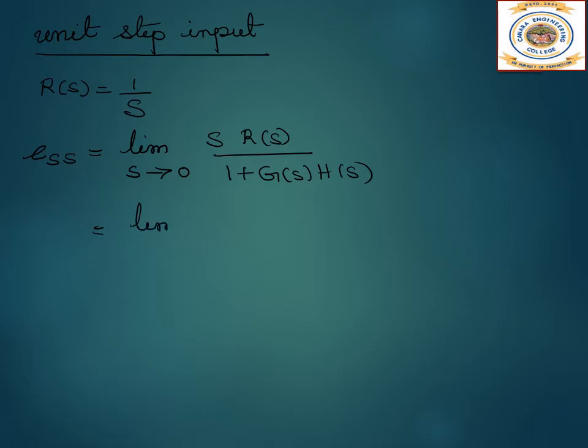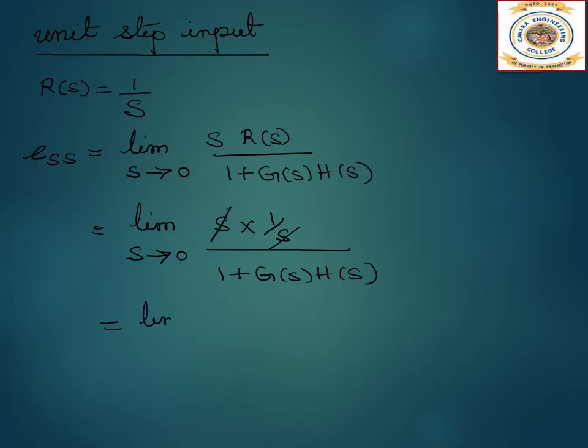We know it is a unit step input we have considered. s into 1 by s divided by 1 plus G of s H of s. s and s I can cancel out. When I cancel out s and s, we get limit s tends to 0 of 1 by 1 plus G of s H of s.